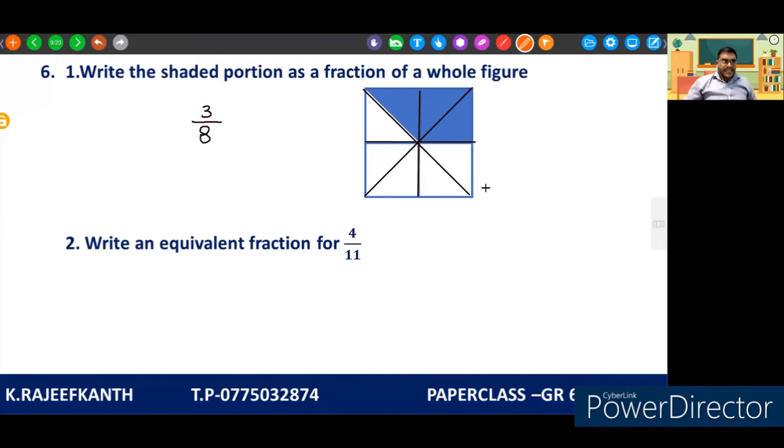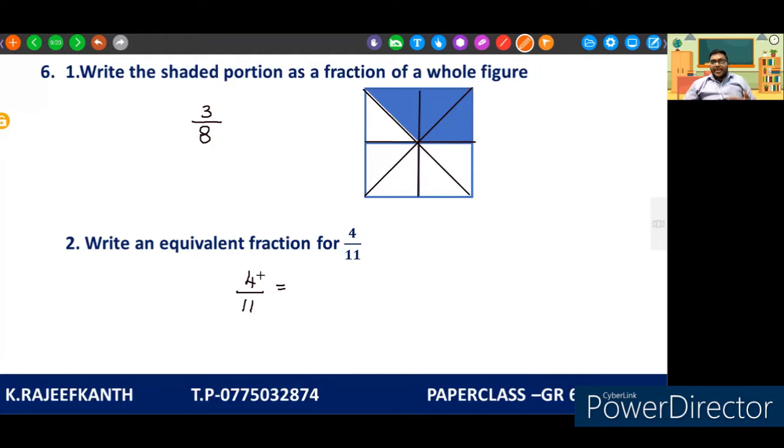Now we have to write an equivalent fraction for 4/11. So how can we write an equivalent fraction for a fraction? You can multiply the numerator and the denominator by a number, or you can divide the numerator and the denominator by a number.